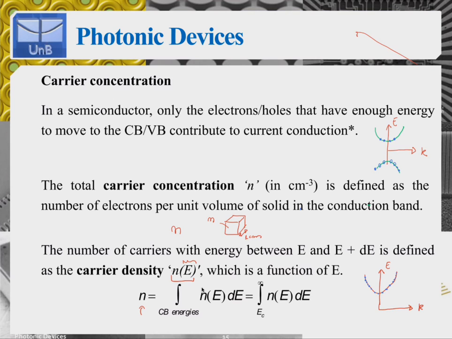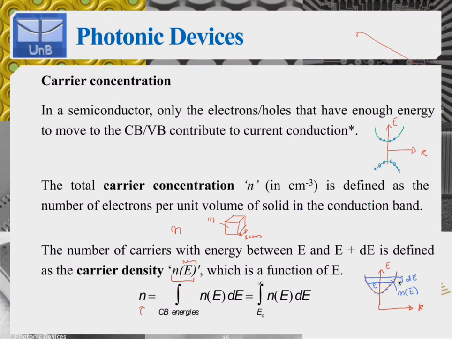From this definition, N of E at this energy value is the total number of electrons between E and E plus dE. So let's say that this is dE. Of course, dE is infinitesimally small, and all of the electrons in this range would be N of E, the carrier density. Not to be confused with the carrier concentration.